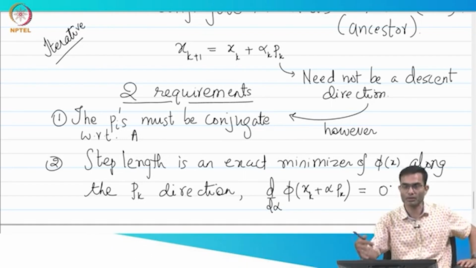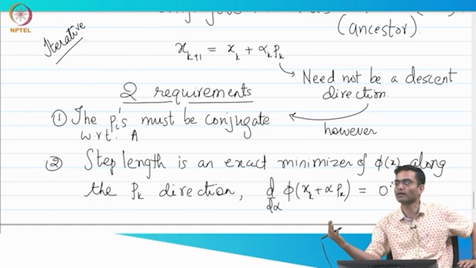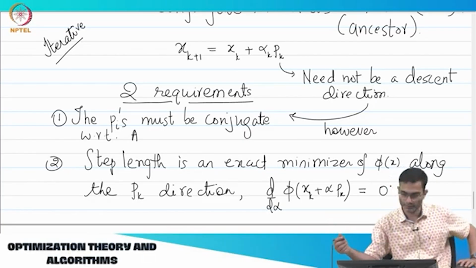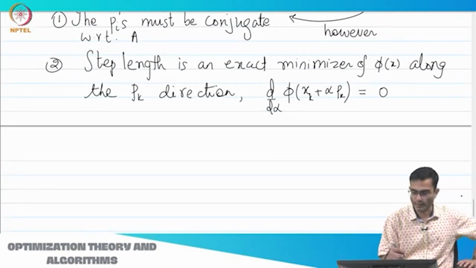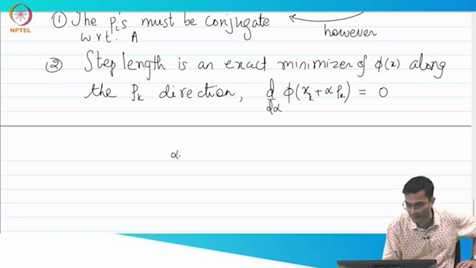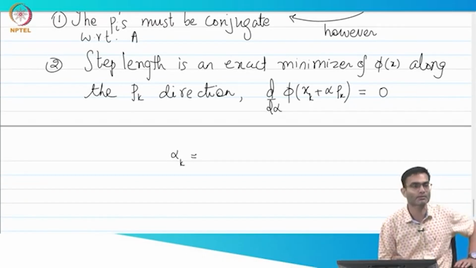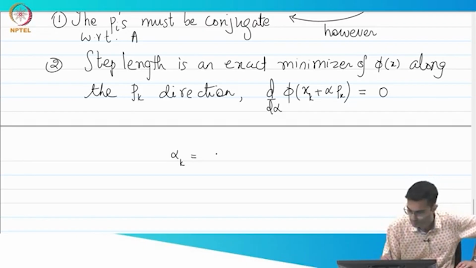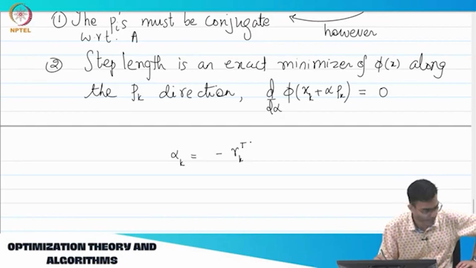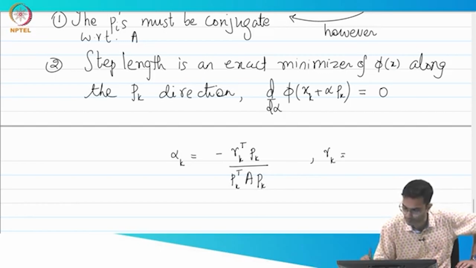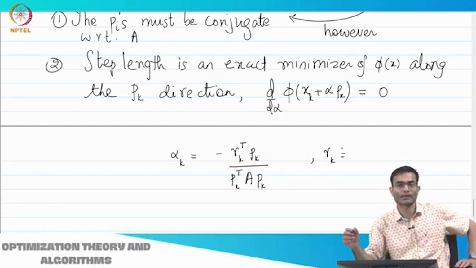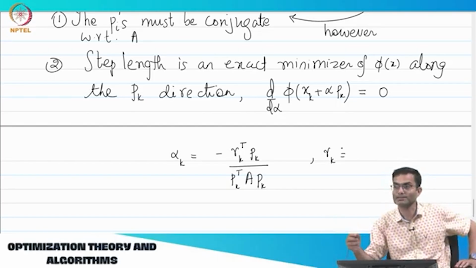The alpha which solves this is going to be given the name alpha k. That's how we do it, right? In fact, this alpha k has a very nice closed form expression, as was there in the tutorial also. I'm going to write it over here. And remember, rk was the residual defined as Axk minus b.